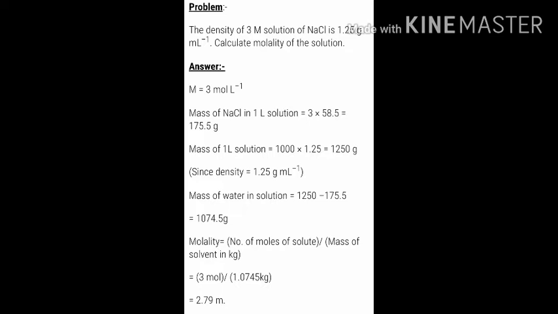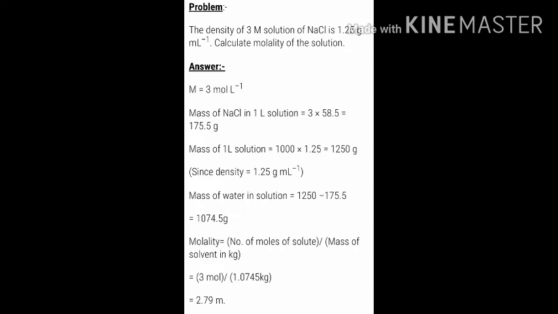Now the solution: 1000 ml into 1.25 gram per milliliter is given. So we are having 1250 gram of solution. That's why the density is given 1.25, children.